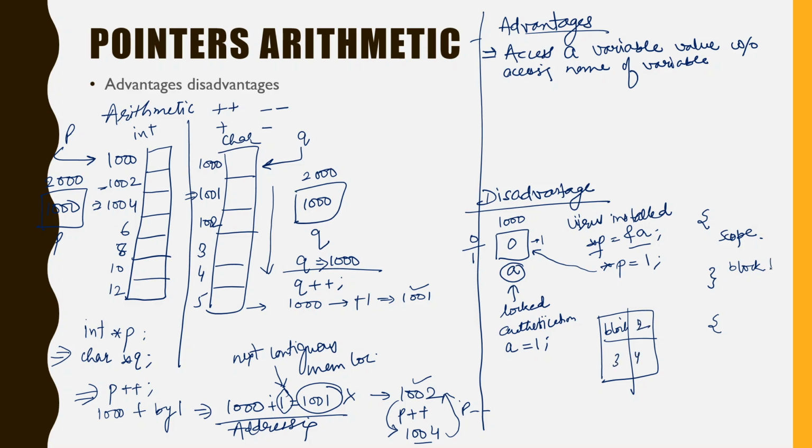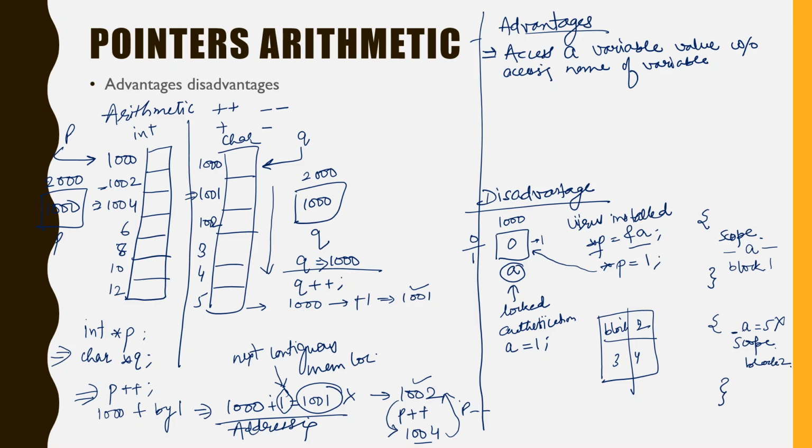So if this particular scope is in the first block, and this is the scope of a virus in another block, then if a variable A is declared in this scope, it cannot be accessed here. It is not accessible in this scope, because it is a local variable to this particular scope.